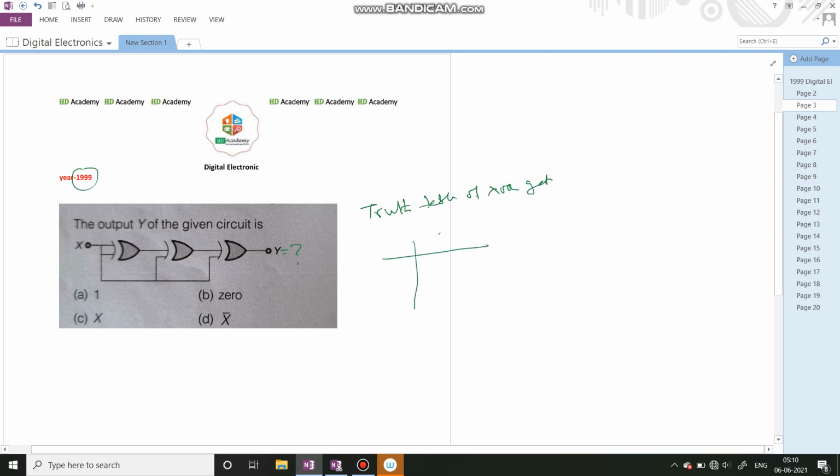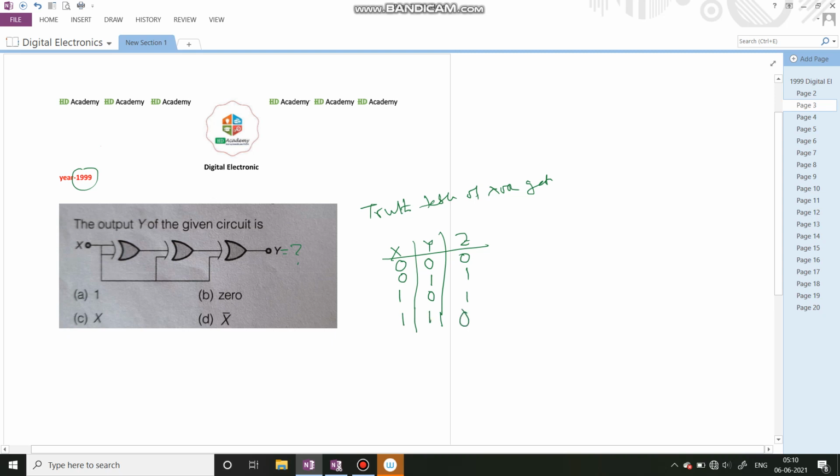Suppose the truth table has 2 inputs, X and Y, and the output is Z. In an XOR gate, if both inputs are the same, that means 0 0, the output will be 0, and if the inputs are different, then the output will be 1. If the input is the same, the output will be 0.